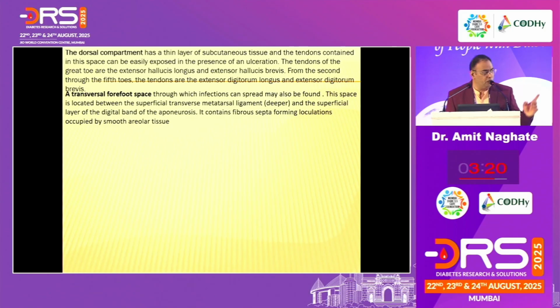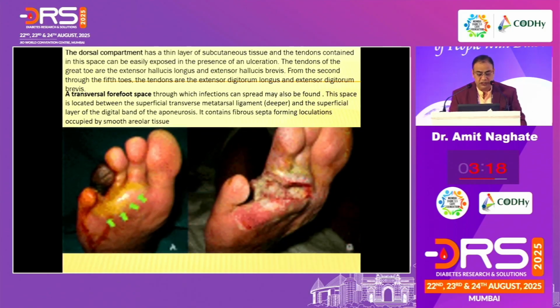In the transverse foot space, we may need to remove the complete toes so that the debridement is complete and the infection won't spread further.